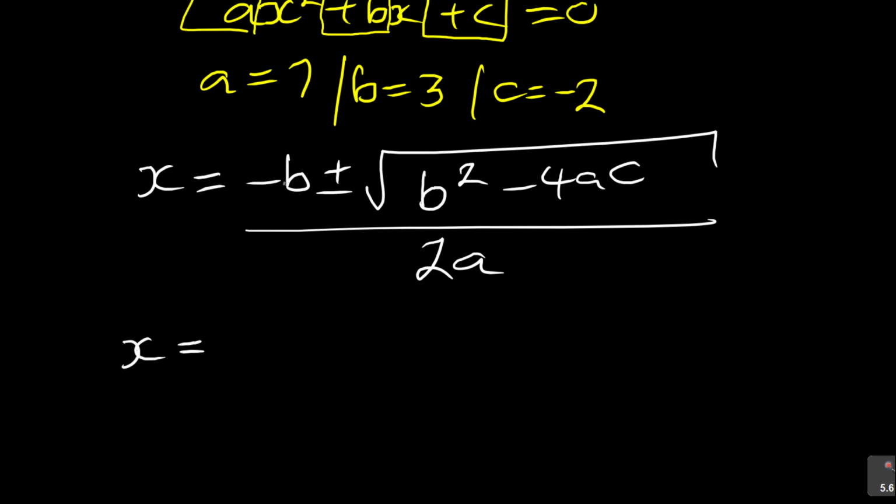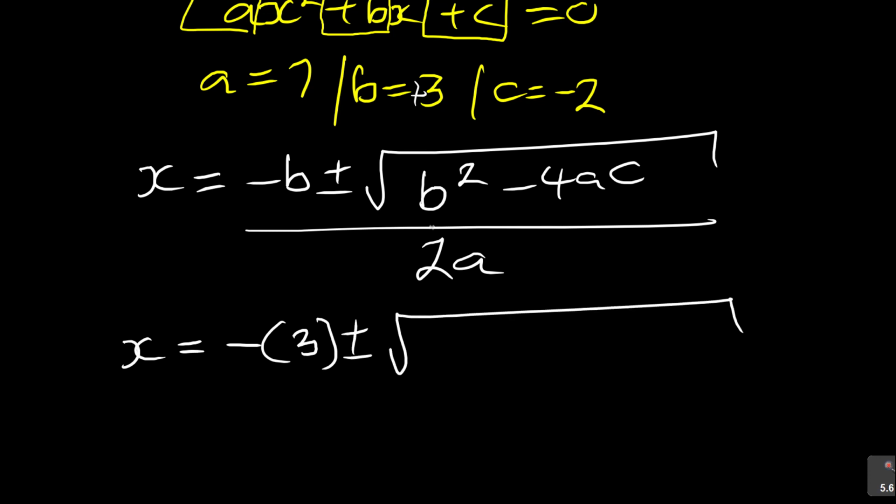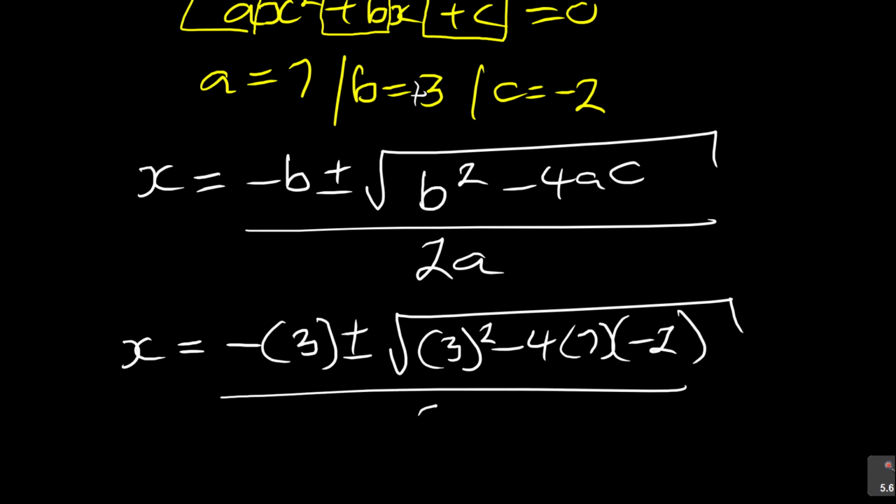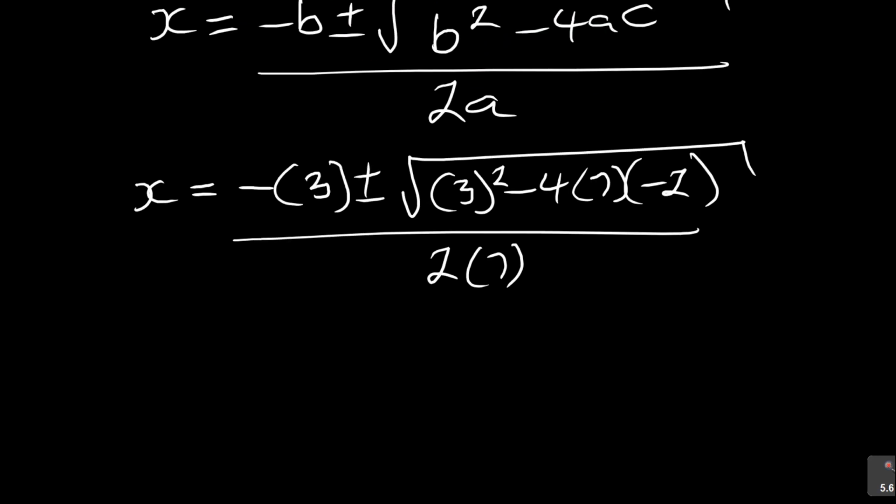Now minus, we've got minus b, now is positive, so minus bracket 3 plus or minus square root of b squared, bracket 3 squared, always put brackets, minus 4a is bracket 7, c is bracket -2, all over 2a is bracket 7. Don't forget the brackets and the signs.